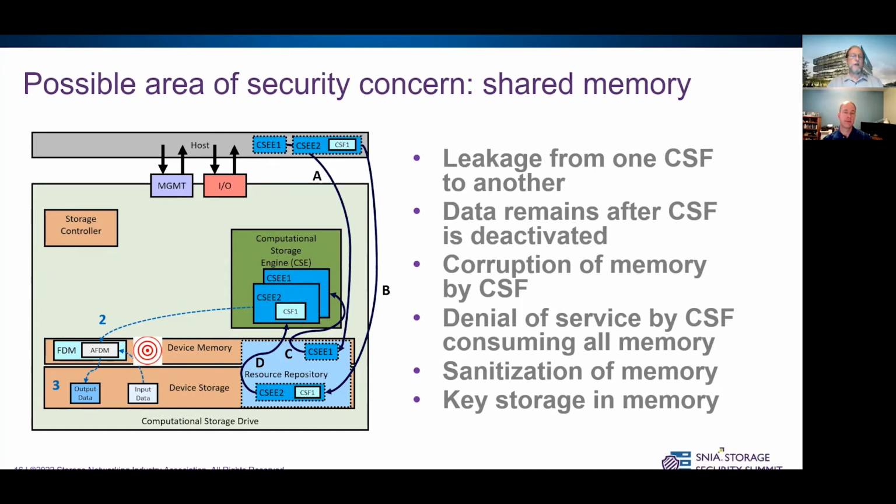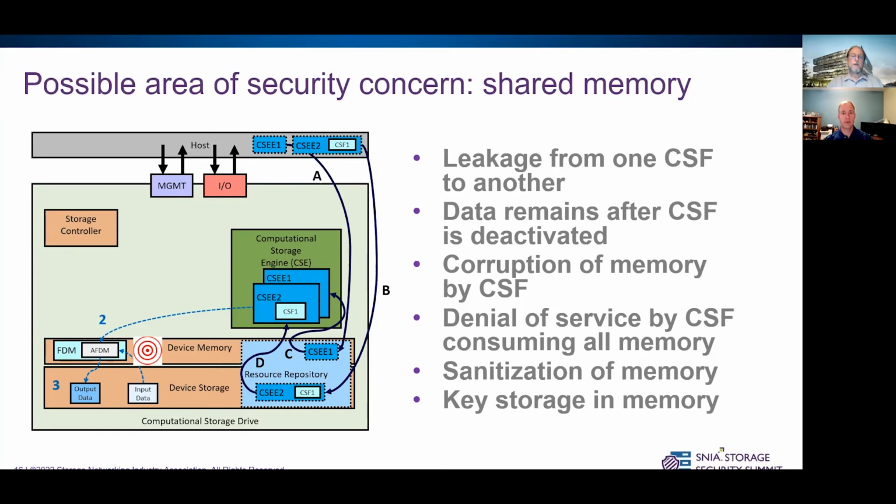The virtual machine should be the one allocating the function data memory, but if it chooses to allocate all function data memory to a single CSF, that leaves no more function data memory for any other CSFs to utilize. That can in turn mean that all other CSFs are blocked from actually executing. So that's another path from the virtual machine to the device that can cause denial of service.